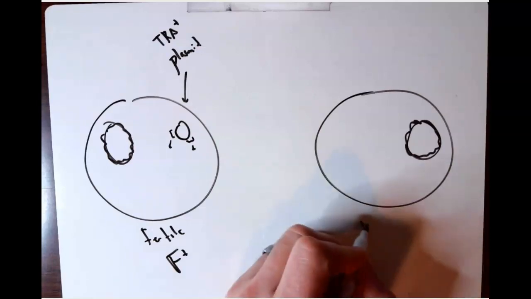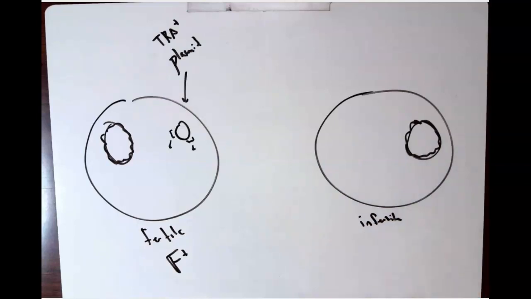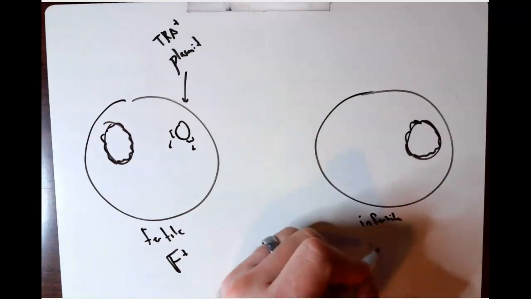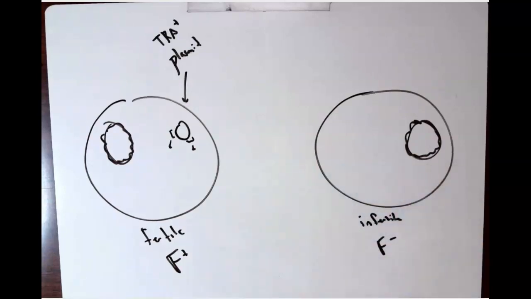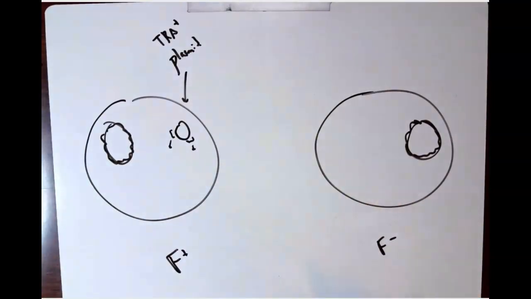And this would be an infertile cell. In other words, there's no plasmid for this cell to transfer. It can be the recipient of a plasmid, but it can't donate a plasmid to another cell because it doesn't have a plasmid in the first place. We call that an F- cell. So essentially F+ means you have a plasmid, and F- means you don't.